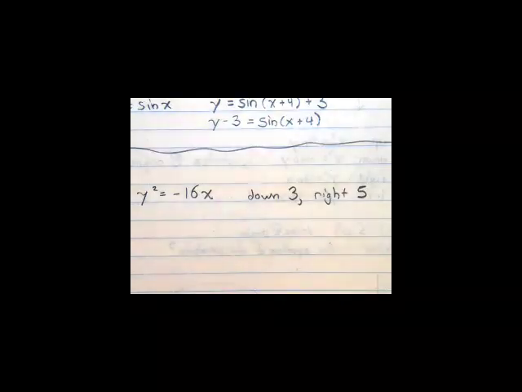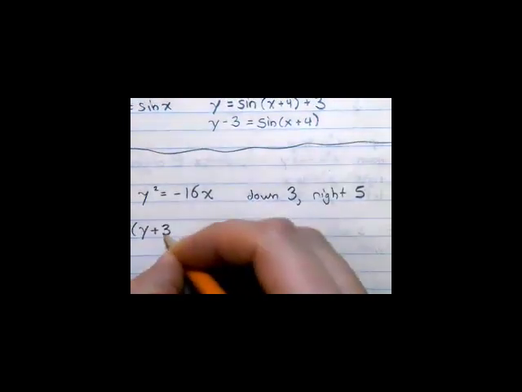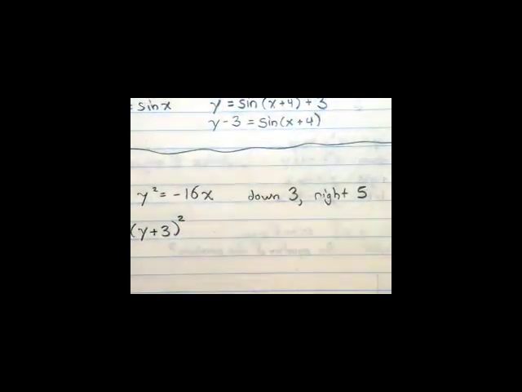Y is still up and down, x is still left and right, but we're going to make substitutions for each with opposite signs. So I'm going down 3. What am I going to replace the y with, technically? It's y plus 3 squared. I'm making a substitution, right? I'm going to move it to the right 5, so what am I going to replace the x with? Minus 5.